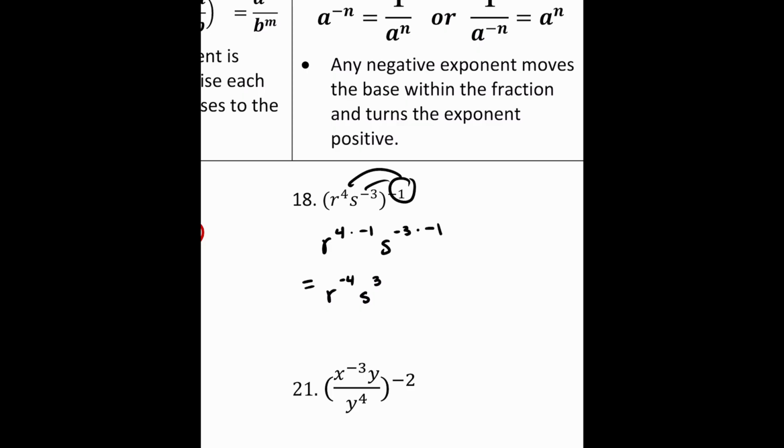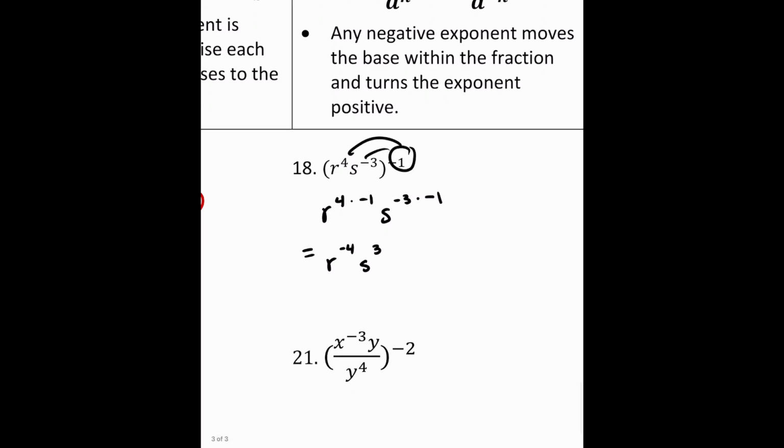We can't have negative exponents, so I'm going to put it all over 1. This r to the negative 4th power is just going to move to the other side, so now we have r to the 4th power.